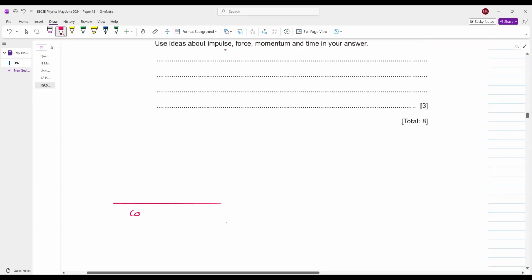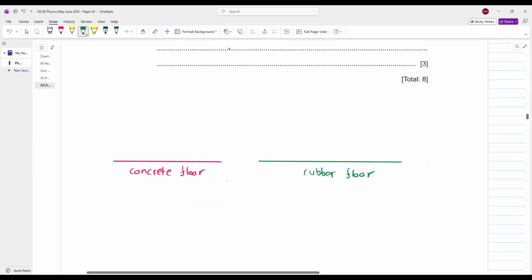Let's say you have a concrete floor, and then let's say you have a rubber floor. First of all, you will tell the examiner that resultant force is equal to change in momentum over change in time.